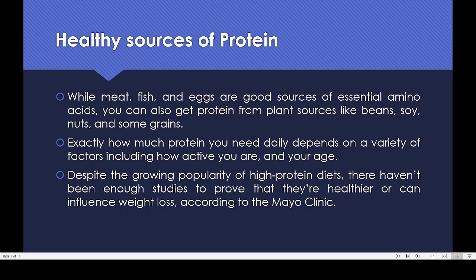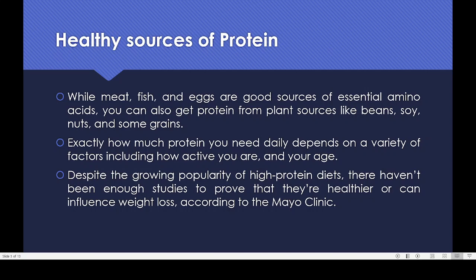Despite the growing popularity of high protein diets, there haven't been enough studies to prove that they are healthier or can influence weight loss. According to the Mayo Clinic, an American clinical institution, their studies say there is no sense in eating too much protein, because our body most of the time has the capacity to make up for a deficiency of protein by other means.